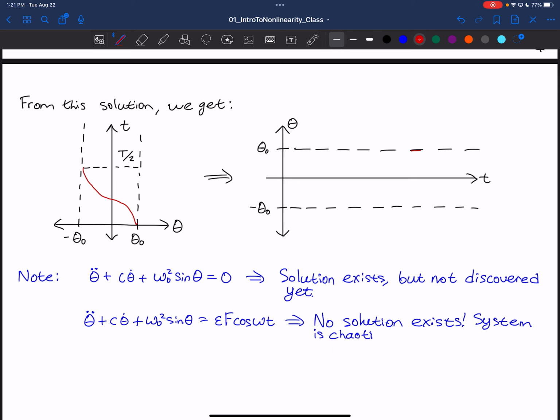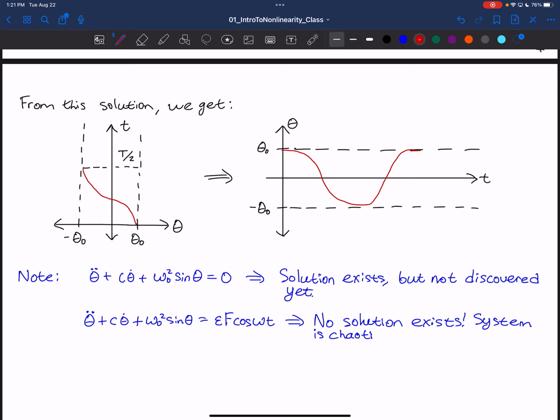And theta 0 is something we would get from initial conditions because it's unforced. And then from there, what we can say is that there's an oscillation from, again, theta 0 to minus theta 0.